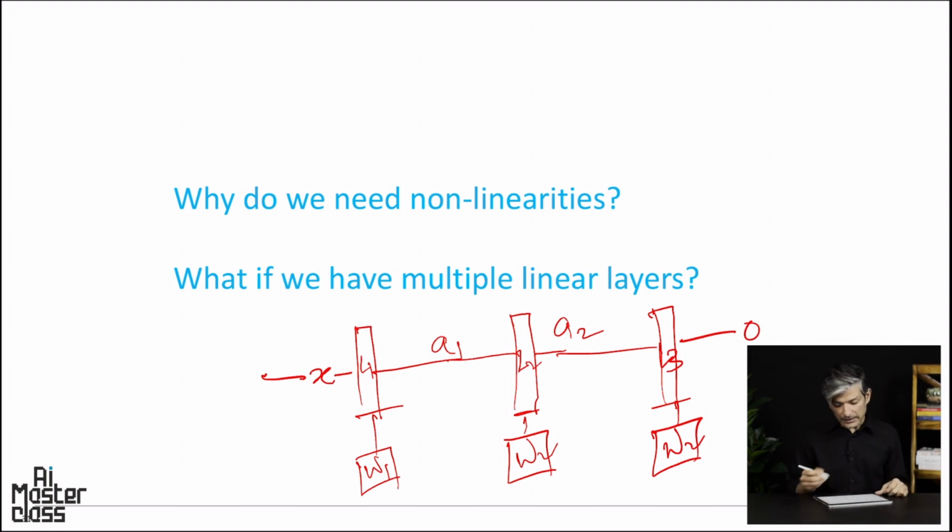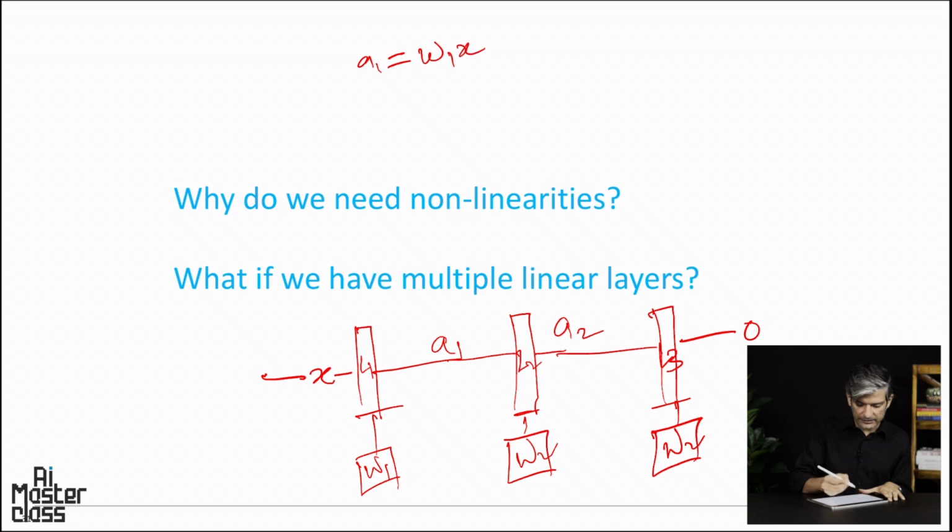Now if you think about it, if you write it mathematically, you will see that your A1 is nothing but W1x. Similarly, your A2 is nothing but W2A1, and lastly your output is nothing but W3A2.